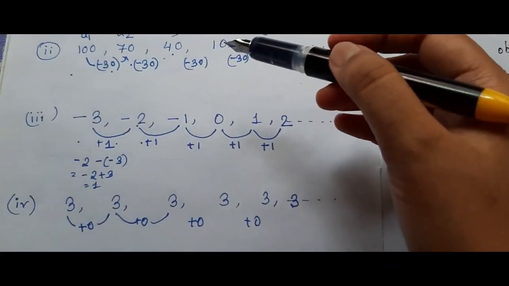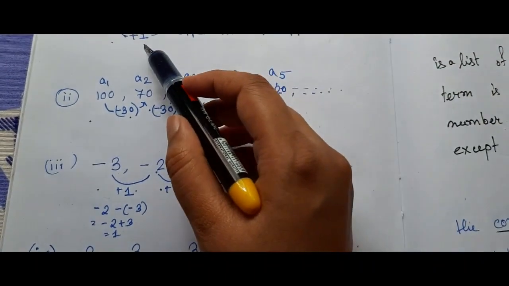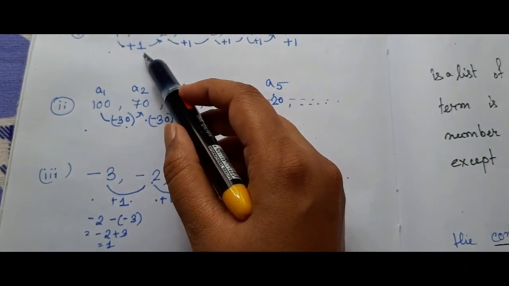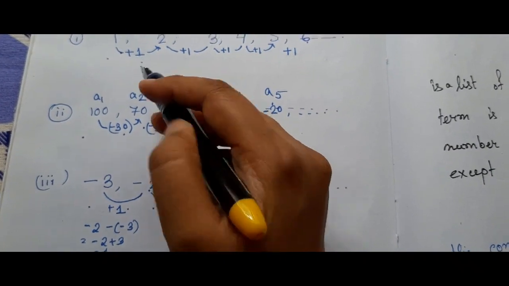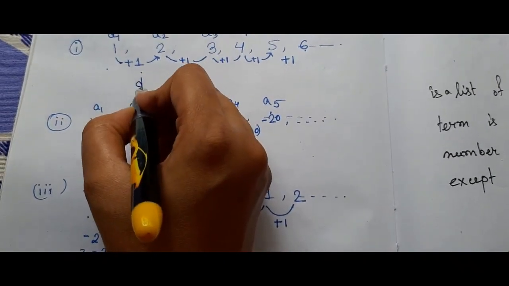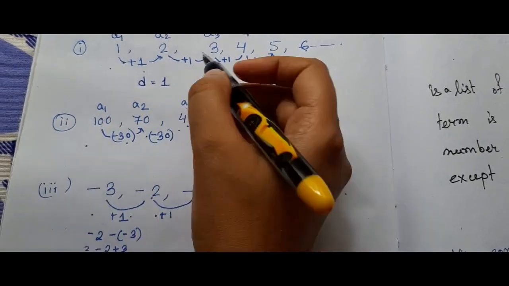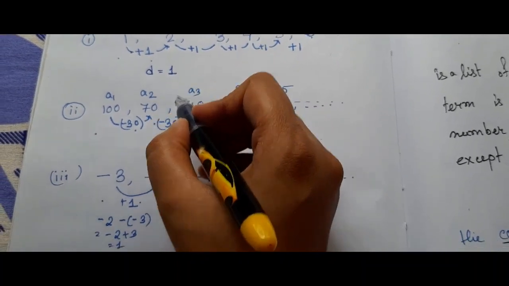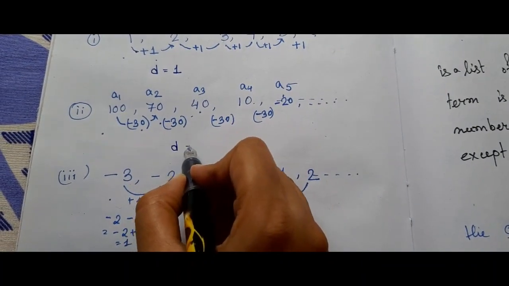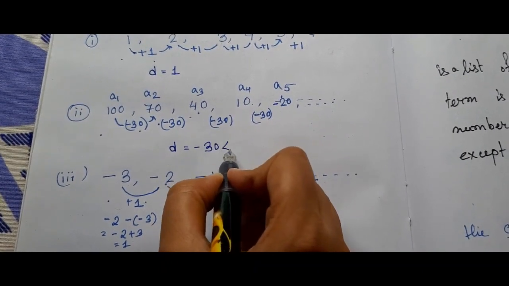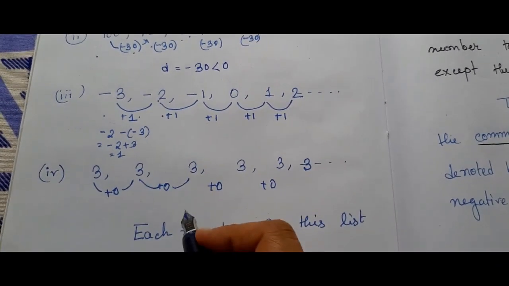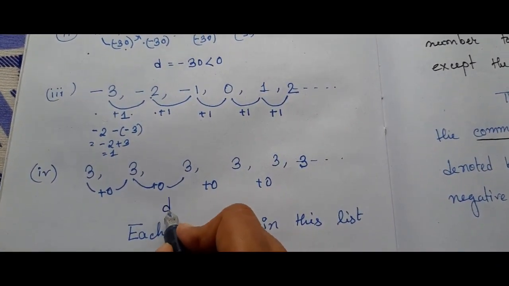As you can see in these 4 examples, in the first the fixed number is 1. This is called the common difference and it is denoted by D. So in this example, the common difference D is 1, which is positive. Here the common difference D is minus 30, which is negative. And in the 4th example, the common difference is 0.